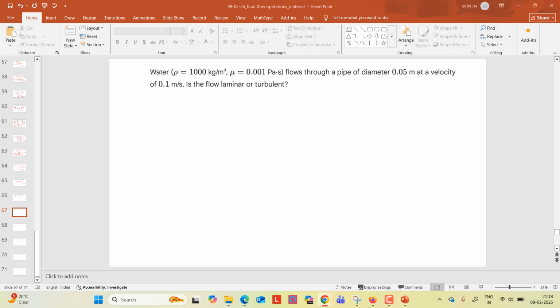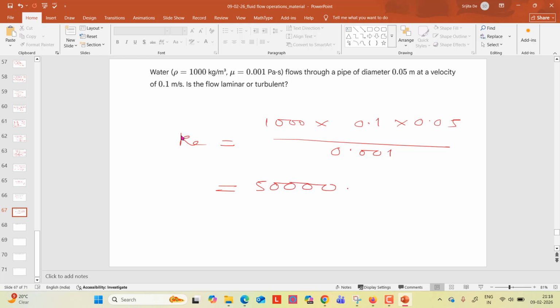So Re, rho is 1000 into V is 0.1, diameter is 0.05 divided by 0.001 Pascal second. So Re is coming as 50,000, right?